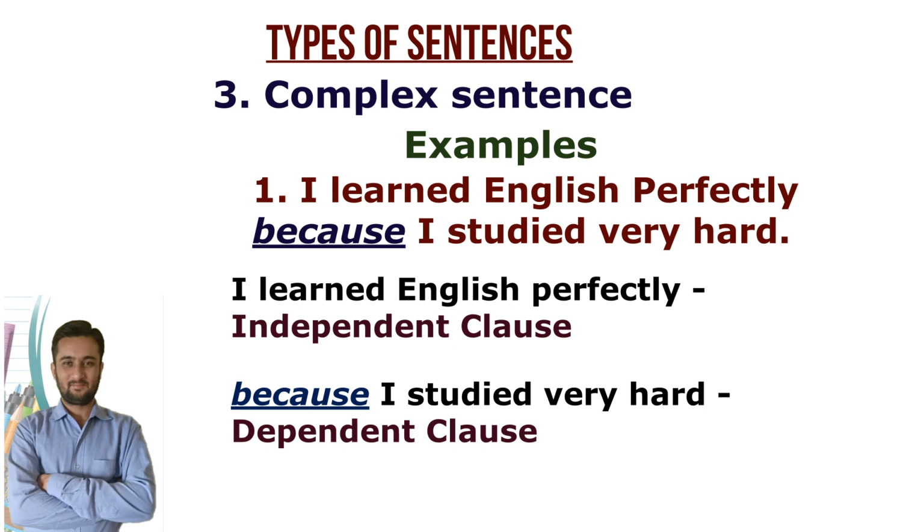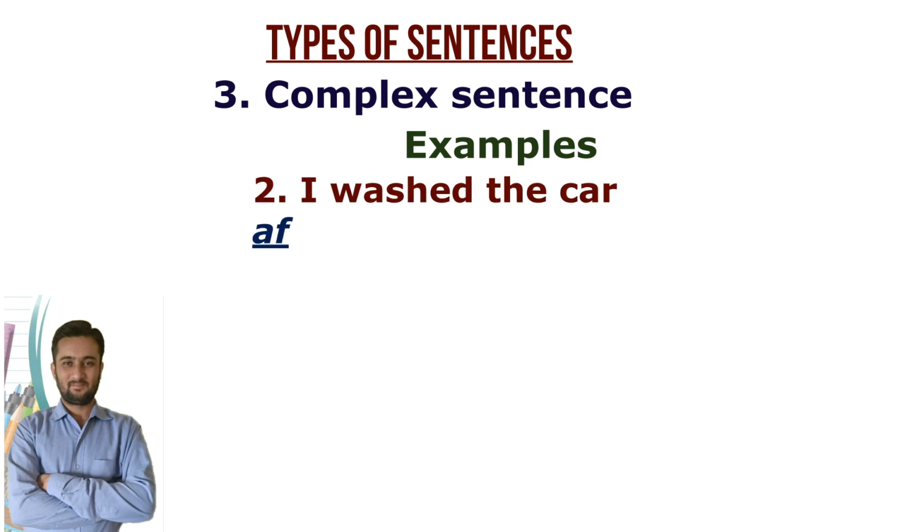Second example is, I washed the car after I came home. Here also there are two simple sentences: I washed the car and I came home. In the first part, I subject, washed verb, and in the second part, I subject, came verb.